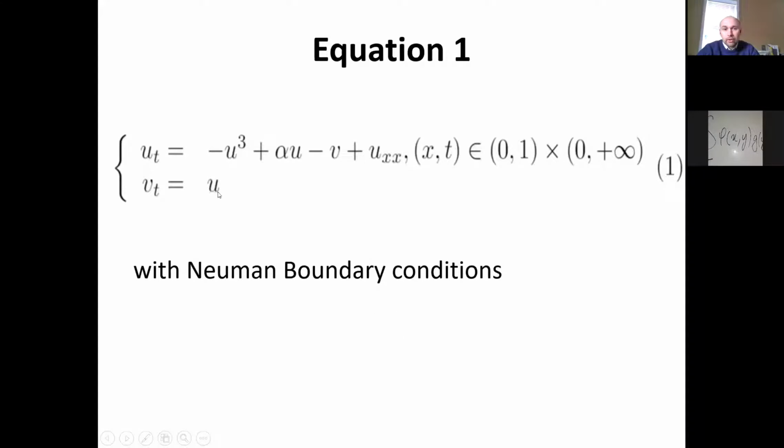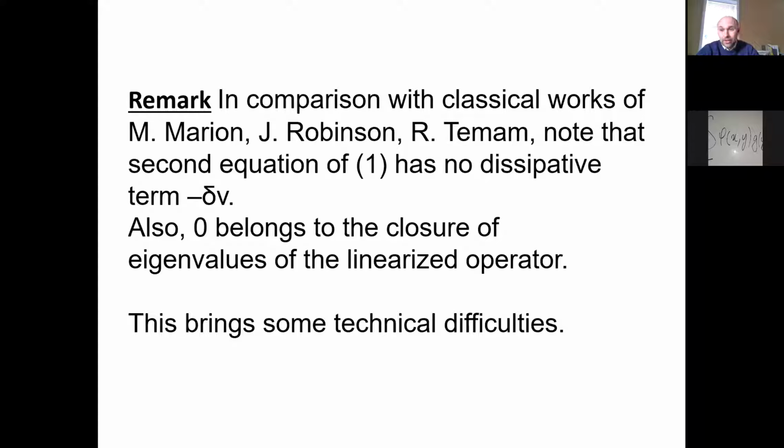Here, if you add a minus delta v for delta positive, it changes the technique. And also, as we will see, 0 belongs to the closure of the eigenvalues of the linearized operator. And so this brings some technical difficulty.